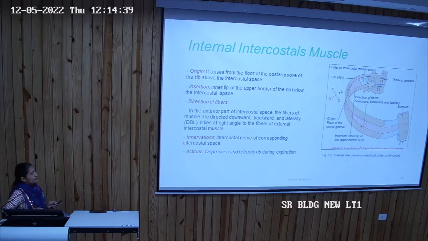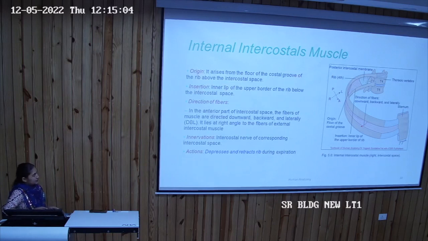Now these fibers arise from the floor of the costal groove of the rib above the intercostal space. So this is the costal groove. The costal groove lies on the lower border of any rib. So the lower border of the rib, that is the costal groove, gives the origin to these fibers. Then these fibers extend to the inner lip of the upper border of the rib.